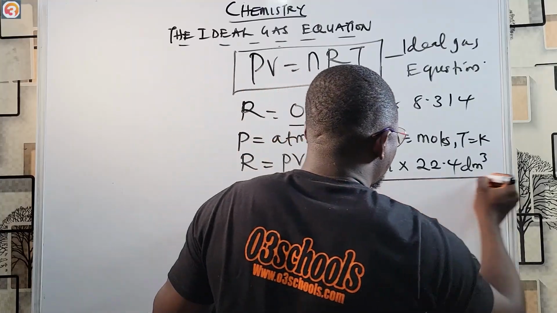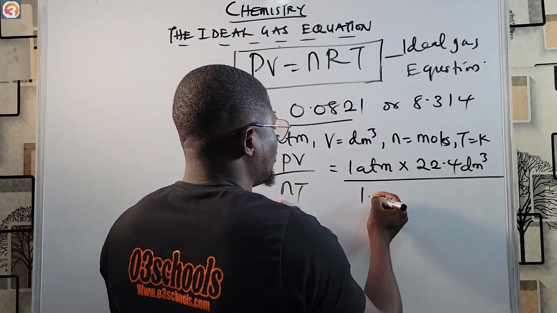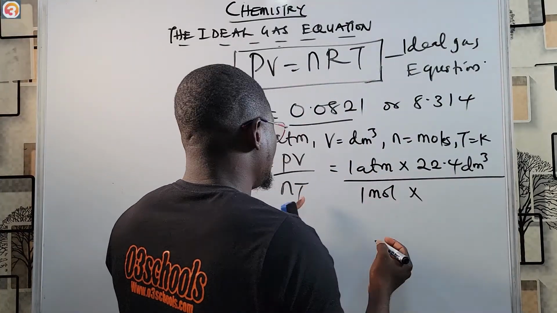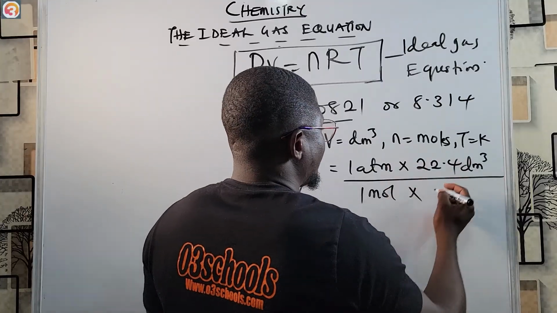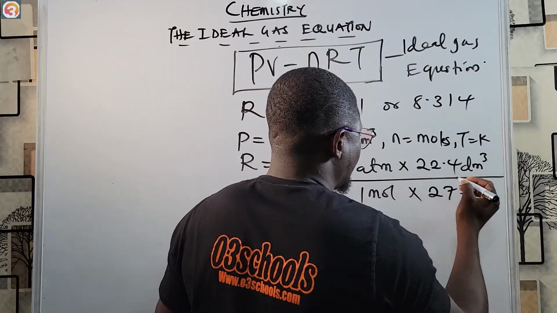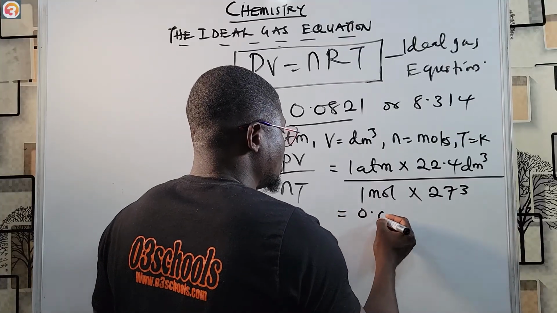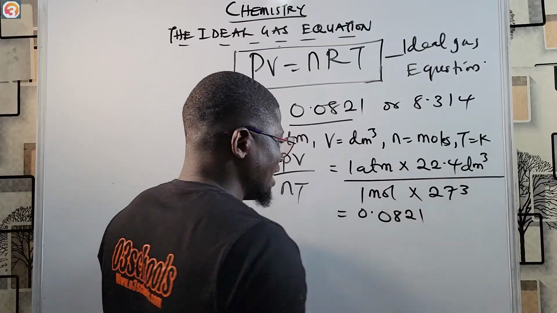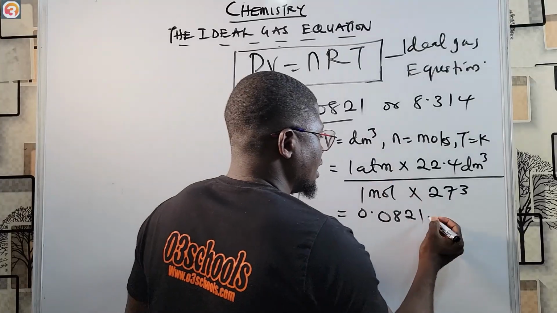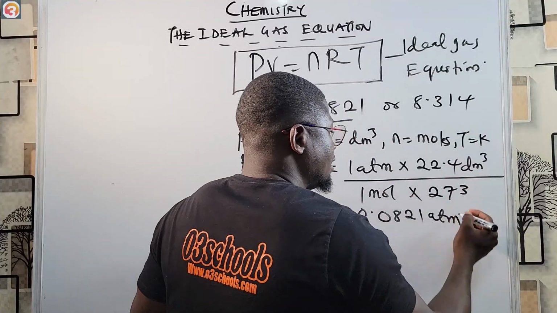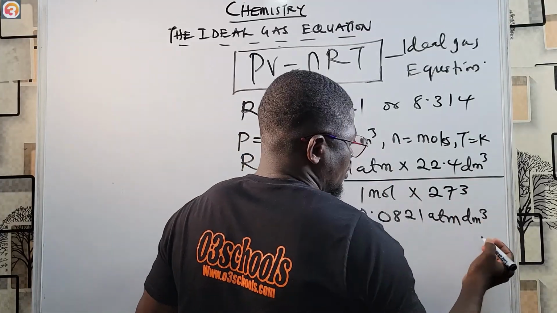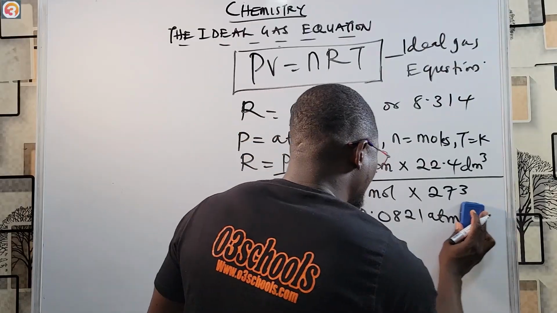All right. So now over n, which is 1 mole, then times temperature. Temperature is in Kelvin, that's 273. All right. So if you divide this, your value will go to 0.0821. Now the unit will be ATM dm³. I want to write it out so that it will be in one line.